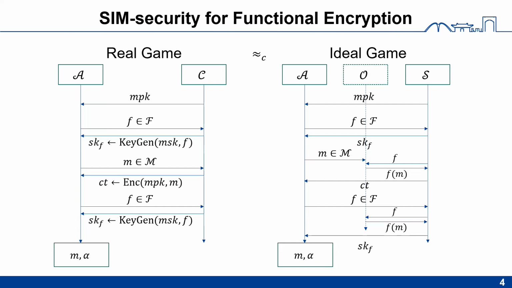In the ideal game, the adversary interacts with a simulator S, which may answer any query arbitrarily, but is only given the function value of m, not the message m itself. SIM security requires that the real game and the ideal game are computationally indistinguishable, and is known to be stronger than the IND-based security model.